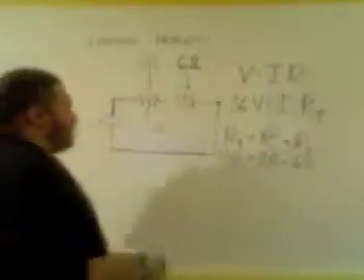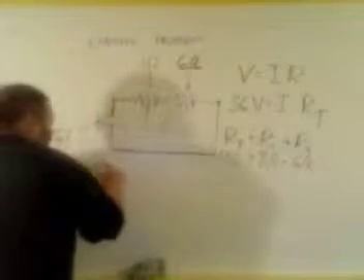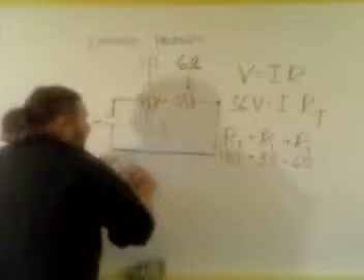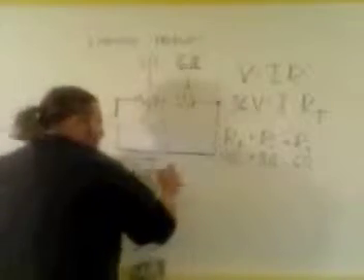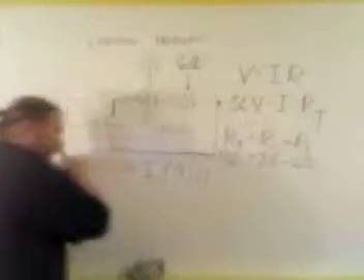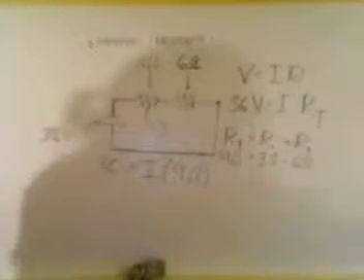So that means that this term turns into 9 ohms. So rewrite it as 36 volts is equal to I times 9 ohms. Now, solving for I, all I'm going to do is take 36 and divide it by 9, and I'm left with my current equal to 4 amps.